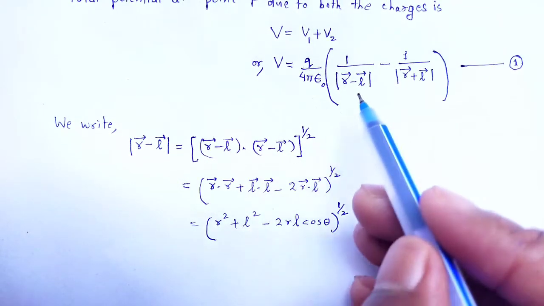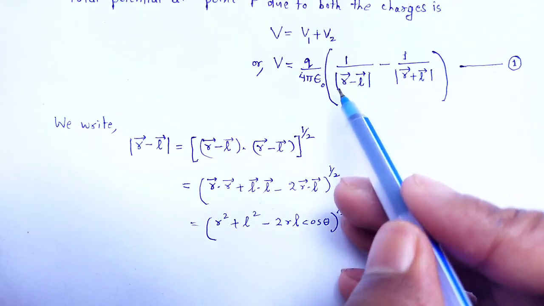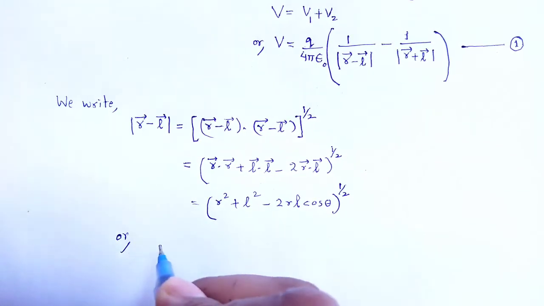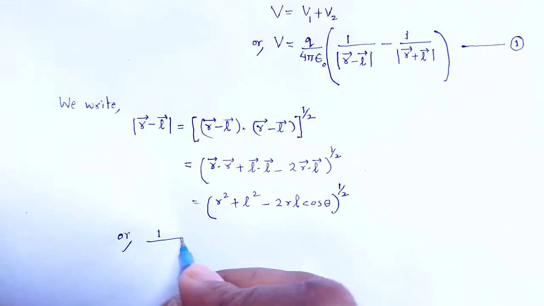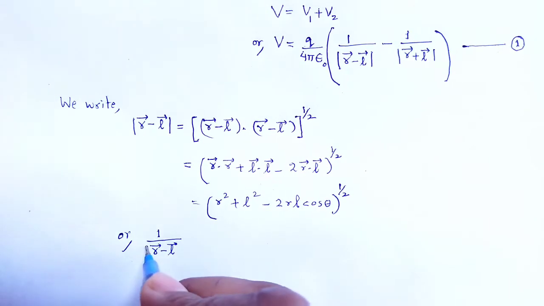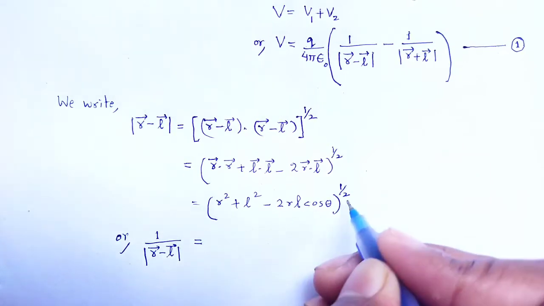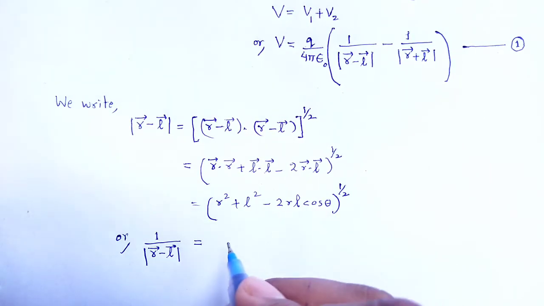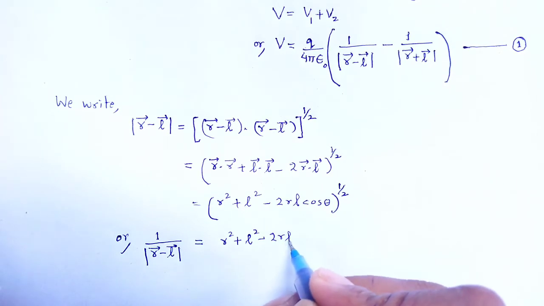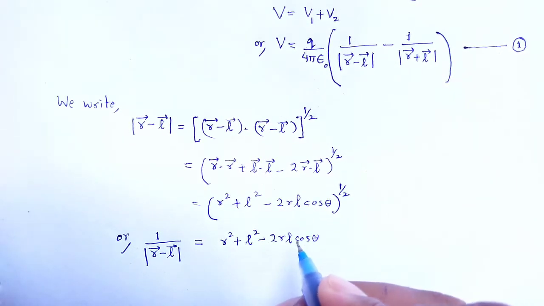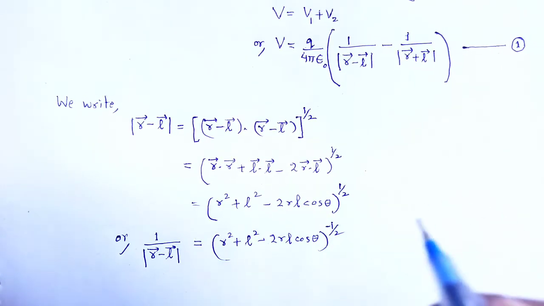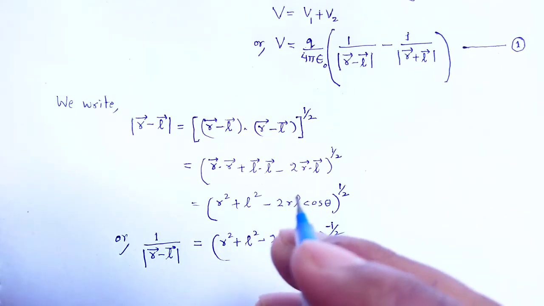But we have to calculate 1 divided by the magnitude of r minus l. So, we take the reciprocal of that quantity, 1 divided by the magnitude of r vector minus l vector, that is r square plus l square minus 2 r l cos theta to the power minus half, as we take the reciprocal.